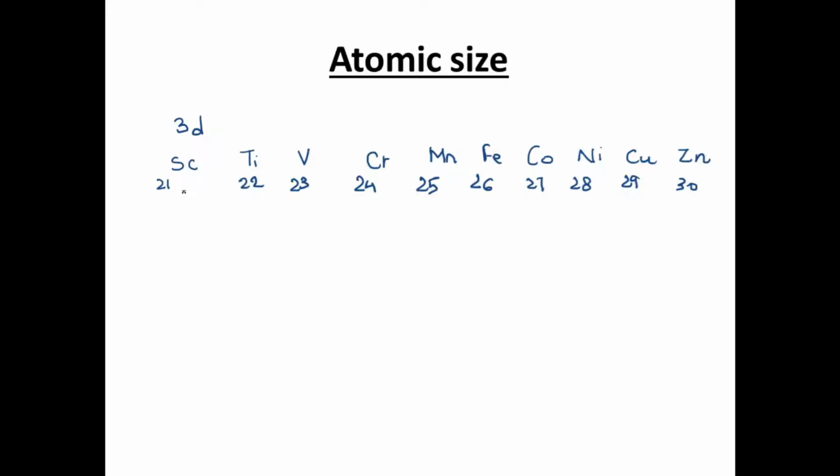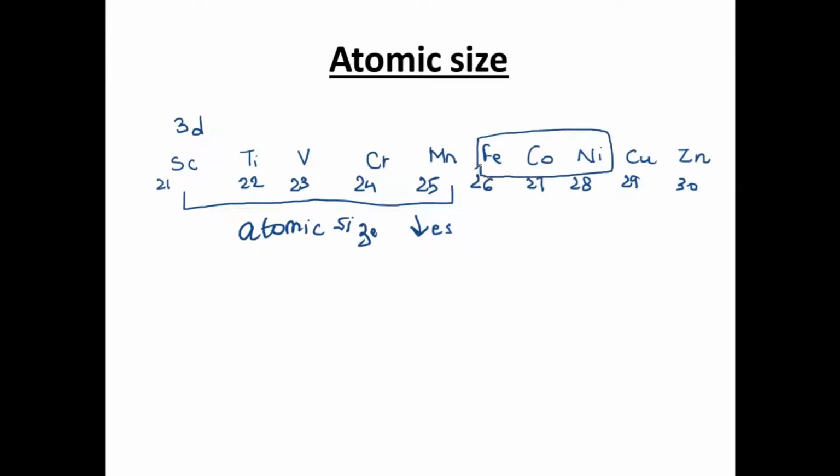But what is observed is that from scandium to manganese the atomic size decreases. Then for the triad iron, cobalt, nickel, the atomic size remains almost the same. And as we move from copper to zinc, the atomic size, instead of decreasing, increases.